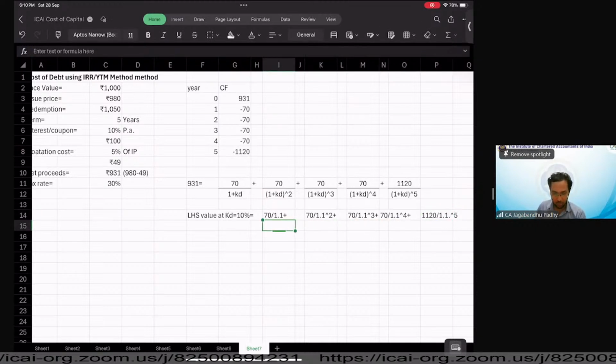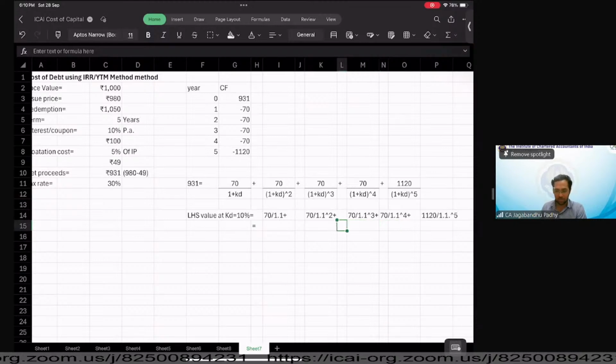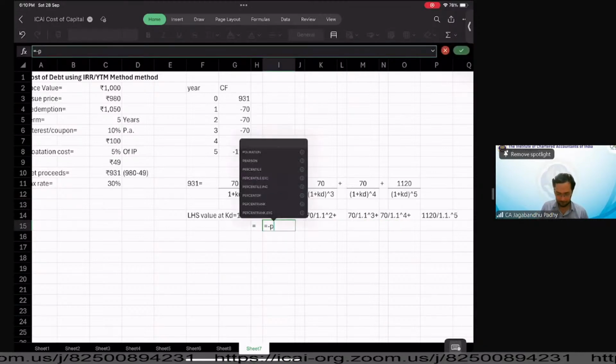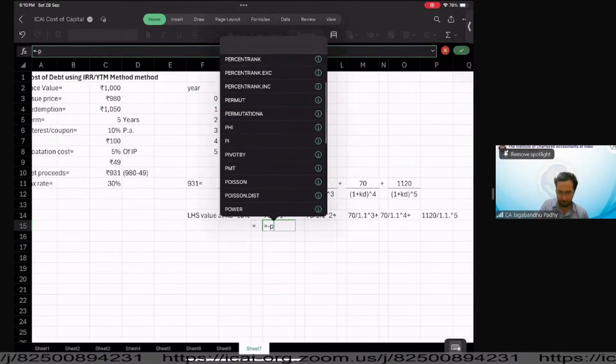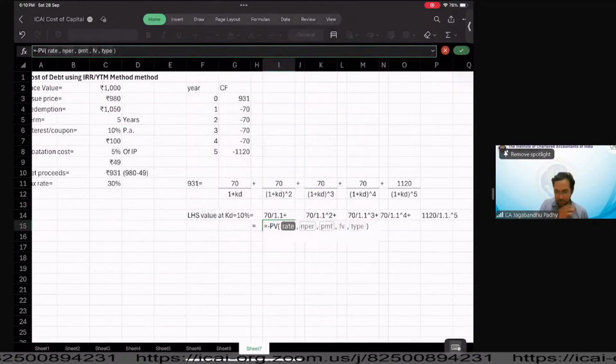Tell me what is this whole value? Give me the value of all this expression together.